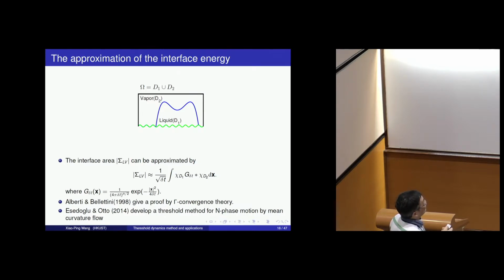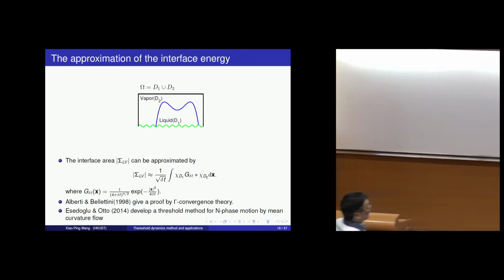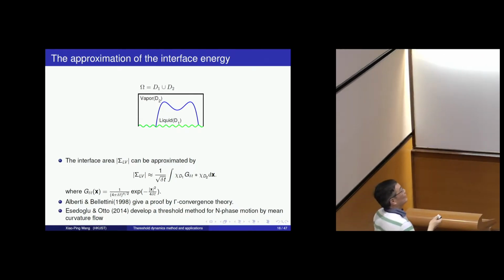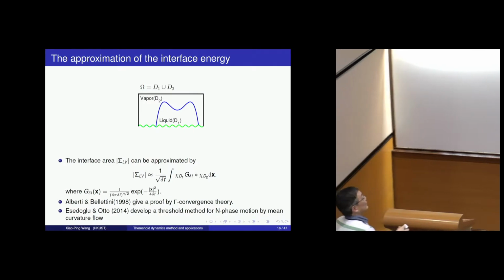So I have D1, D2. You convolve with, say, D2, and you multiply by D1 and you integrate, and then you scale it with the square root of delta t. That's an approximation of the interface length. In 3D, it will be an approximation of interface area. And this is proved rigorously, when delta t goes to 0.